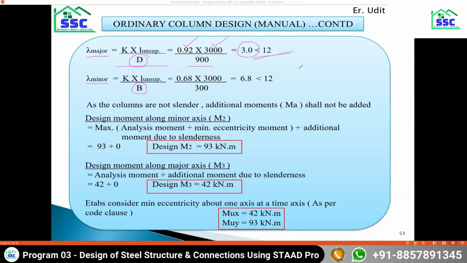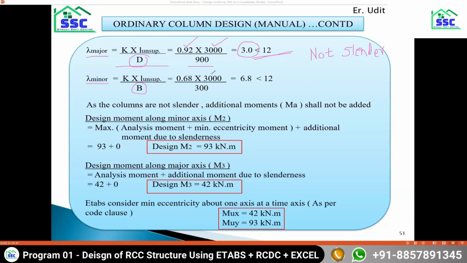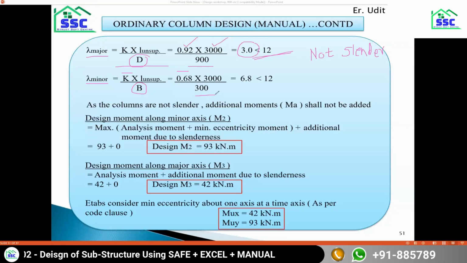And hence we can say that my column is not slender because our slenderness ratio is coming out to be less than 12. Similarly, if we take the value of K as 0.68 and we take the dimension of the column along minor axis, that is the width of the column, we end up with the slenderness ratio as 6.8, which is also less than 12.